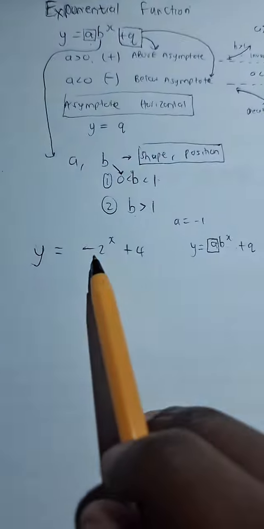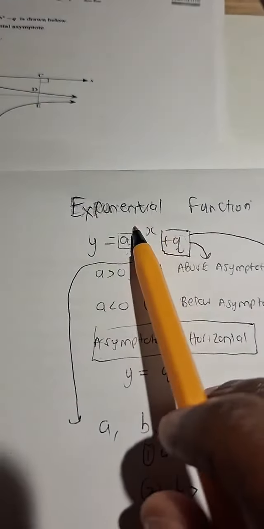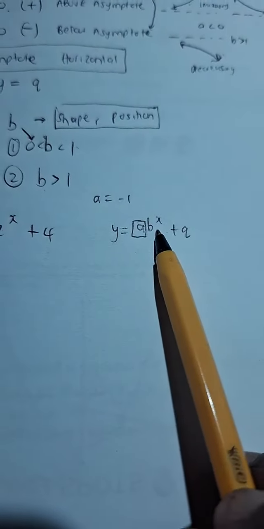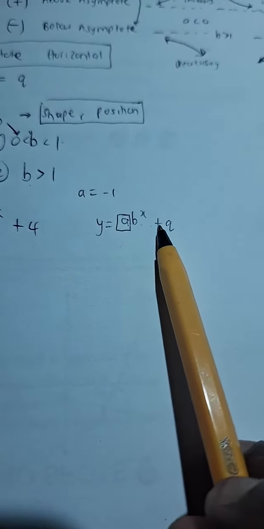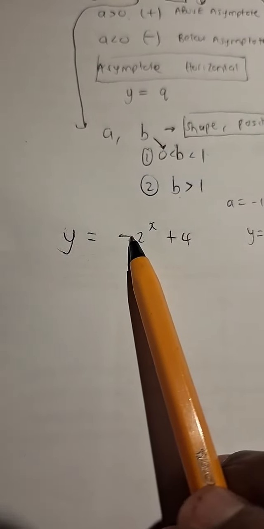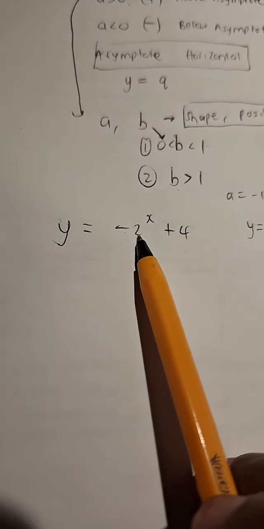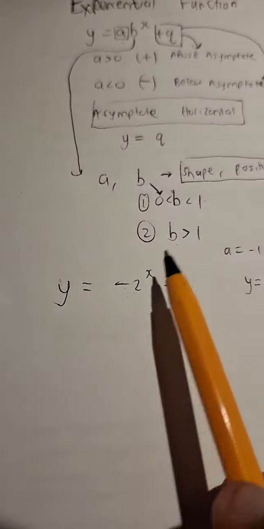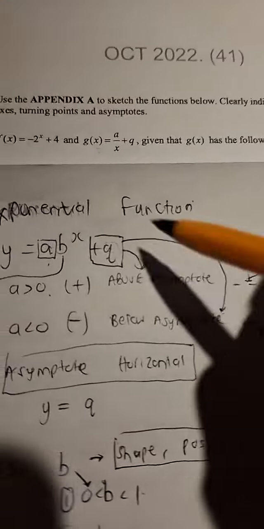All right. Because as I said to you, the exponential form of the function is given by a b to the power x plus q. What we have here is a negative sign, and then we have a 2, and then we have to the power x. Now there are conditions placed on the parameters which I did not really discuss.